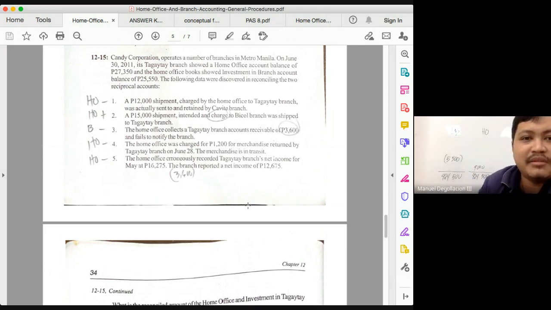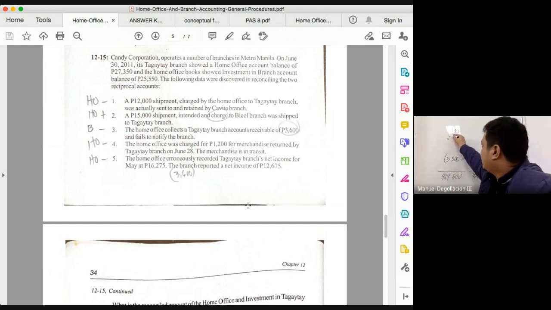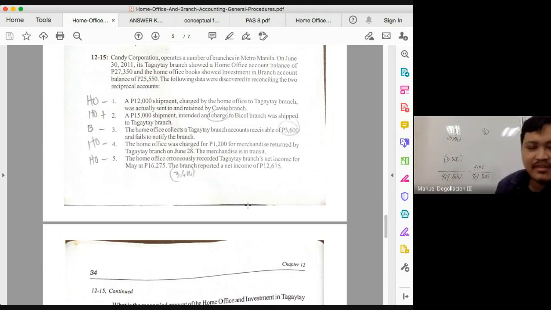So the investment in branch is how much, class? 25,550. And then the home office account is 300.